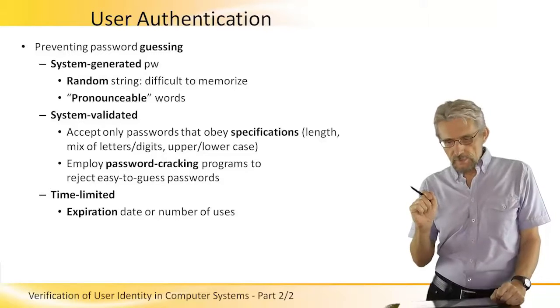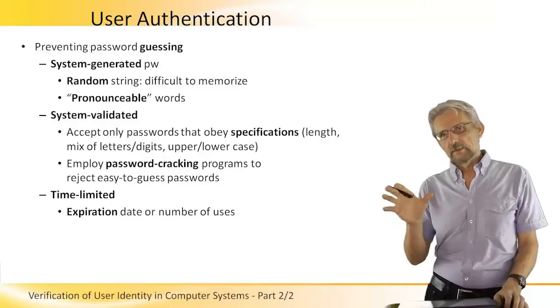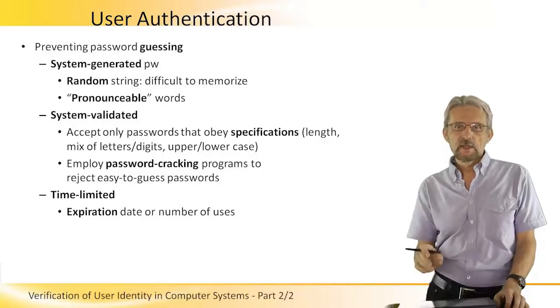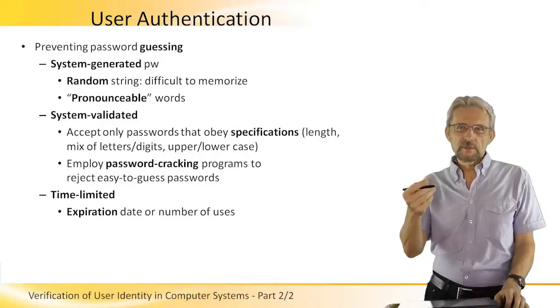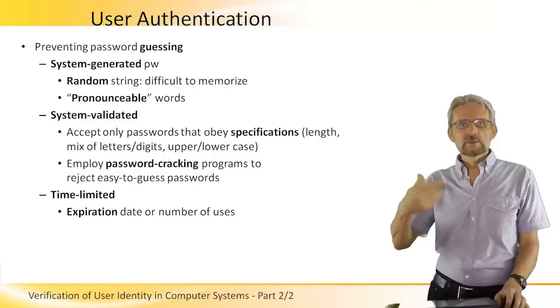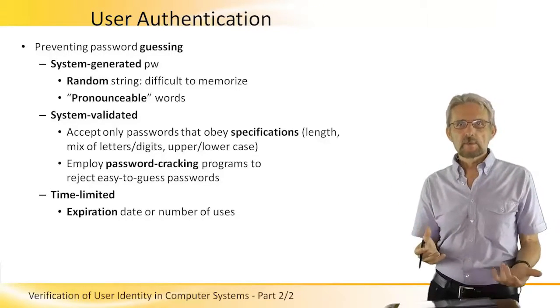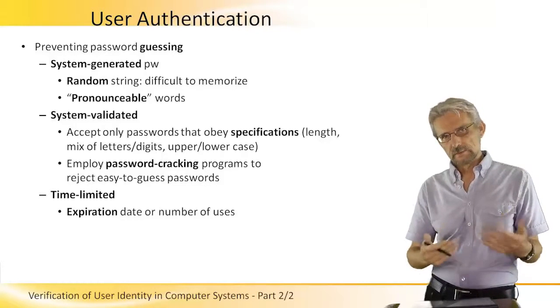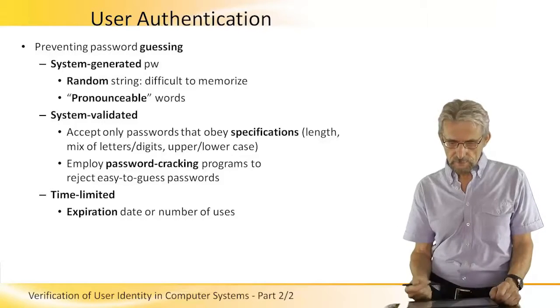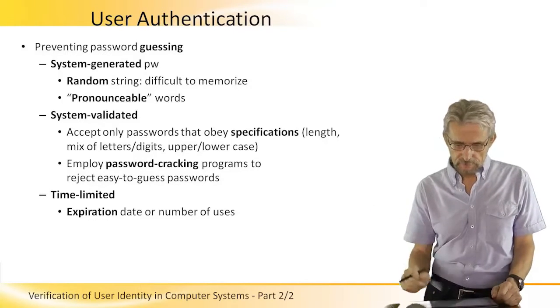Because the guessing happens in the following way. The password cracking program actually goes through dictionaries. And so for each dictionary entry, it simply takes it and sees if it matches. And so it just keeps going through these words. So that's why you want to avoid common words or anything that is a word in the real world. So it needs to be combined with some numbers or some special characters.